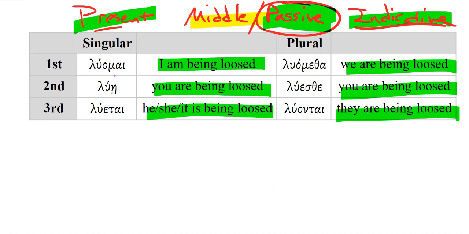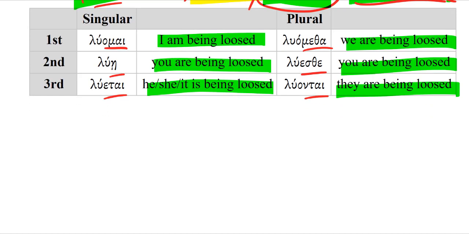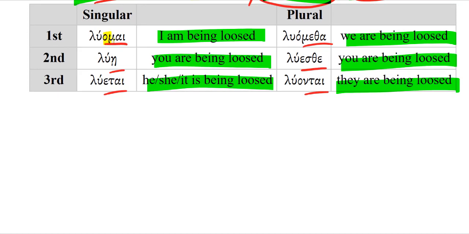This ending is letting you know that the action is being done to the subject rather than the subject doing the action. And you can take those endings and slap them on other omega verbs, and they'll function the same way.